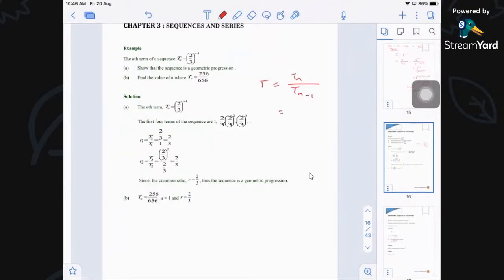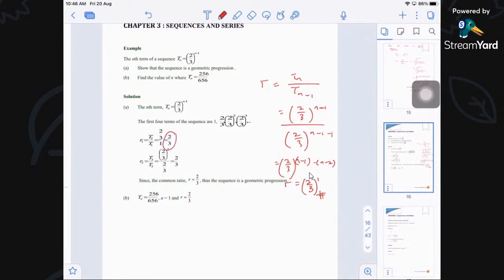So if Tn over here is (2/3) to the power of n minus 1, over (2/3) to the power of n minus 1 minus 1. Yes or not? So from here you get (2/3) to the power of n minus 1 minus (n minus 2), so you get (2/3) to the power of 1. So agree that R is a constant already? Yes or not? Therefore, it's a geometric sequence.